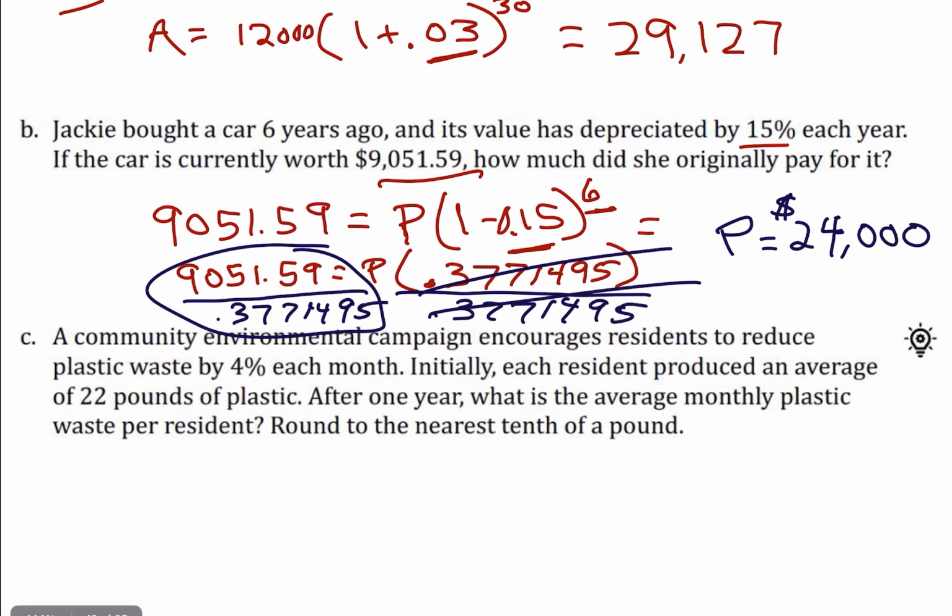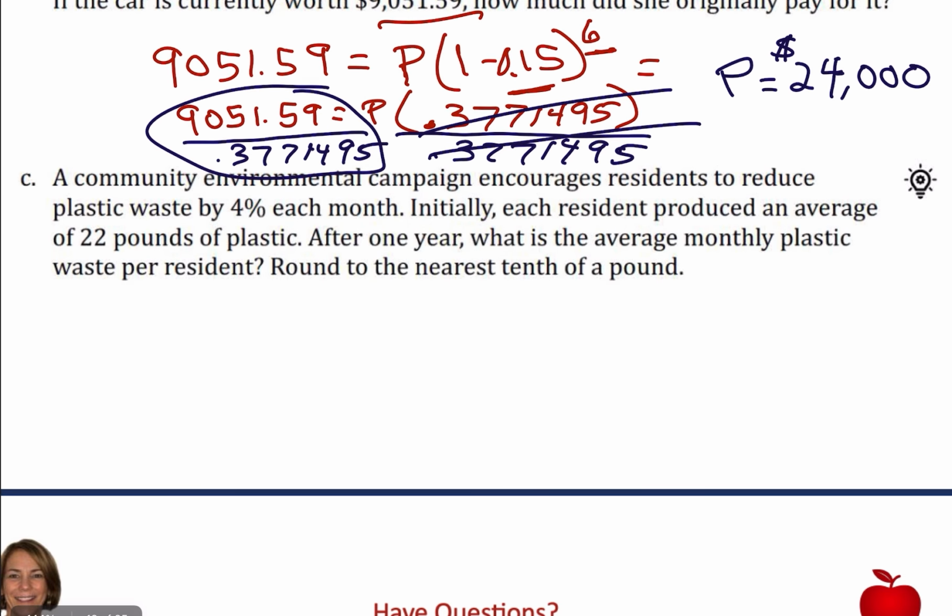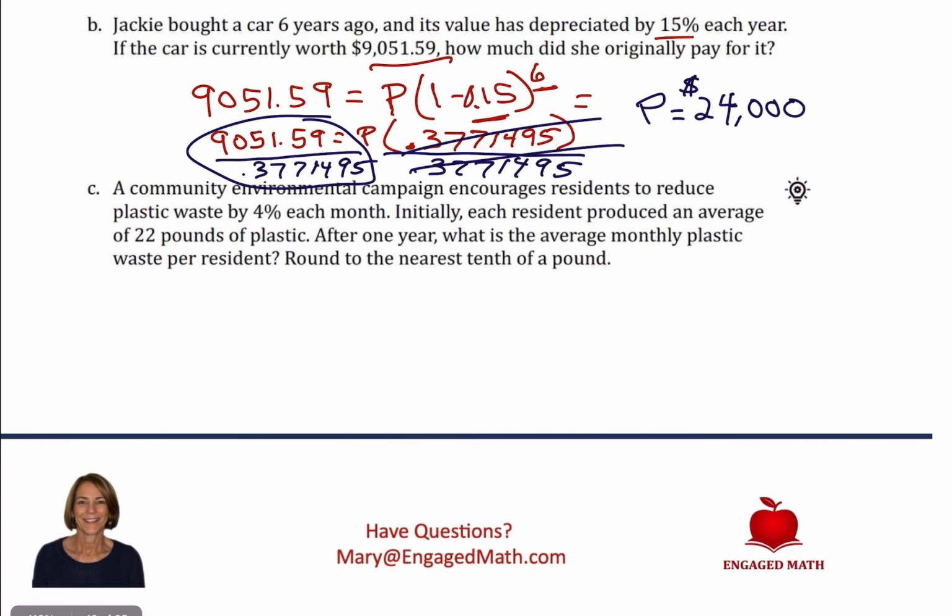Okay, let's go to letter C. Notice that this again is going to be the same concept in that same formula. This time our initial amount is the 22 pounds that we originally started with, because that's how much plastic is used by the average person every month.